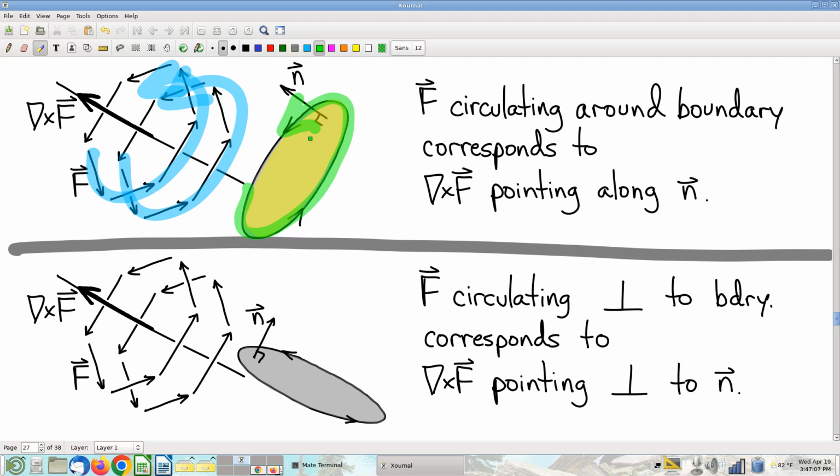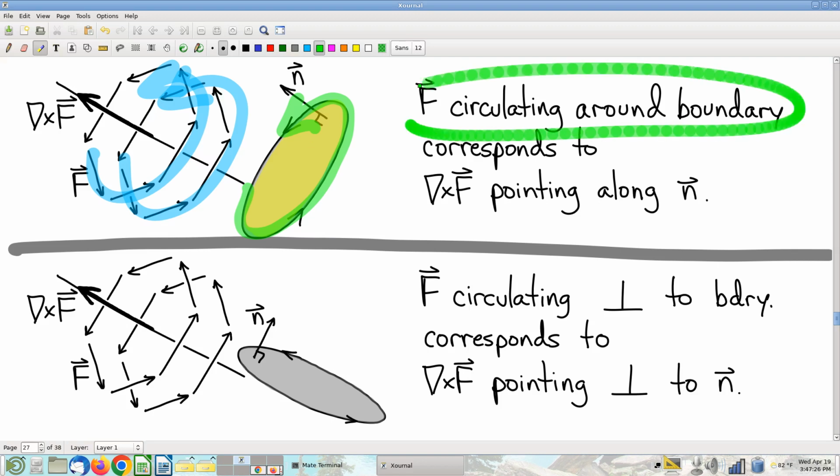Line integrals are measuring the extent to which the fluid is flowing along that curve. So to what extent is the rotation of the fluid creating actual circulation on this boundary? Well, quite a bit. It's flowing directly around that boundary. So we would expect here that the circulation should be large.